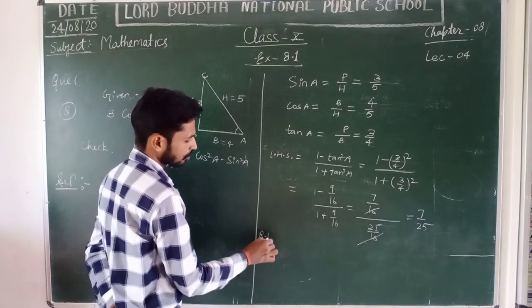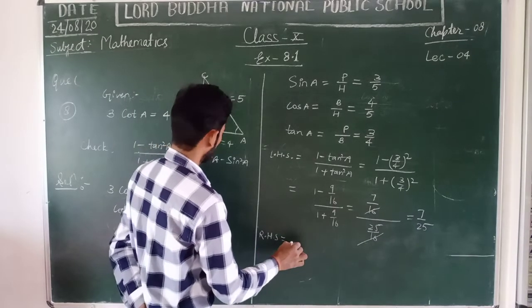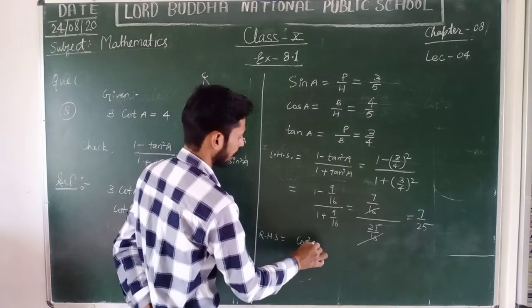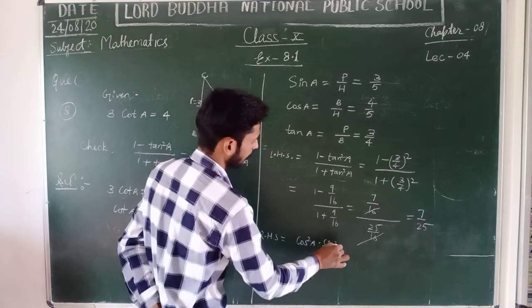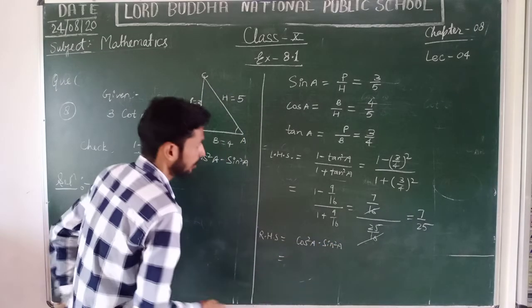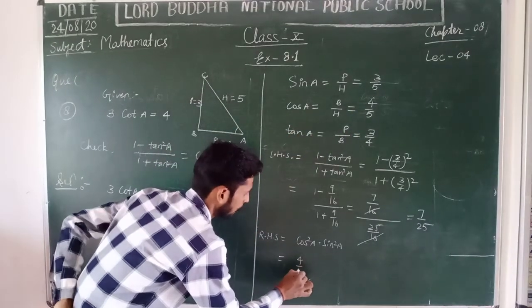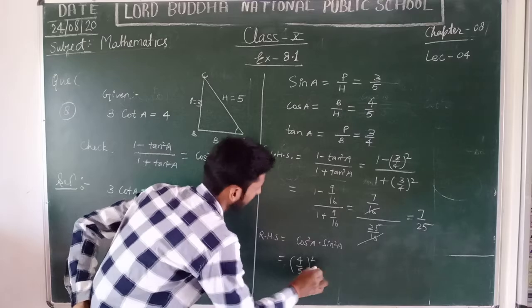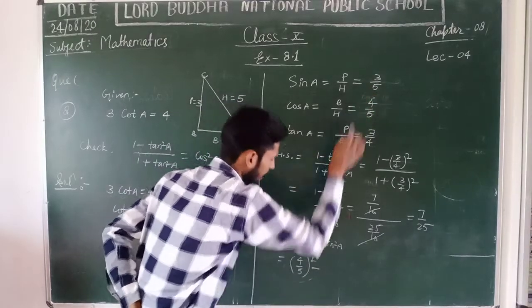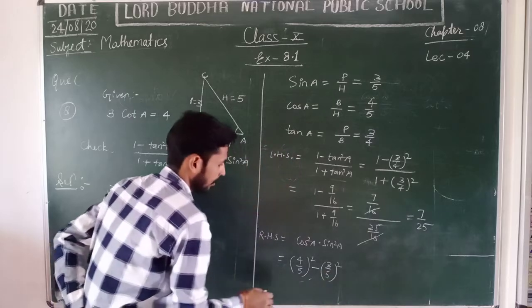And if we solve the right hand side, where it is written cos square A minus sin square A, put the value of cos square A and sin square A. What is the value of cos A? 4 by 5. So 4 by 5 square and minus sin A, that is 3 by 5, right here 3 by 5 and take square.